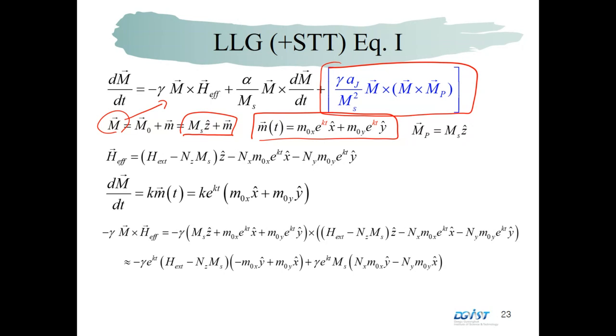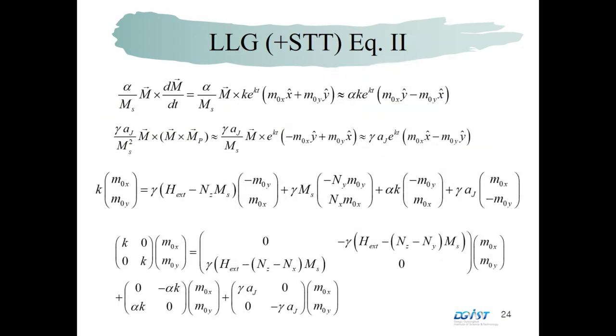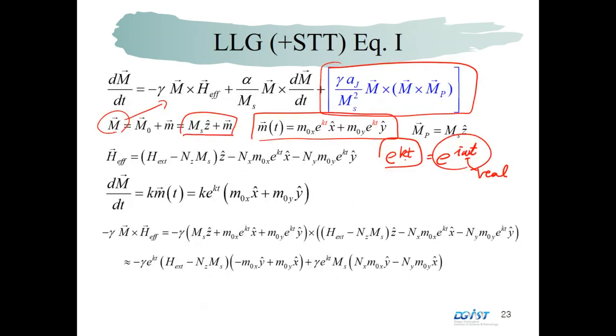Here, the difference from the previous one is we assumed the exponential e^(kt) instead of e^(i omega t). So in this expression, omega is a real number, so it can give us only harmonic oscillation. But if we assume the expression e^(kt), here the k value can be a complex number.